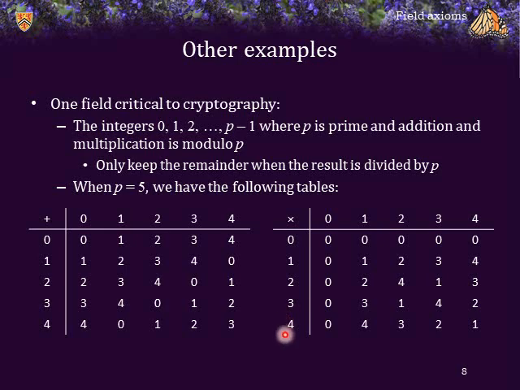Specifically, notice also that 4 times 4 is equal to 16, which has a remainder of 1 when divided by 5, and therefore the multiplicative inverse of 4 is itself.